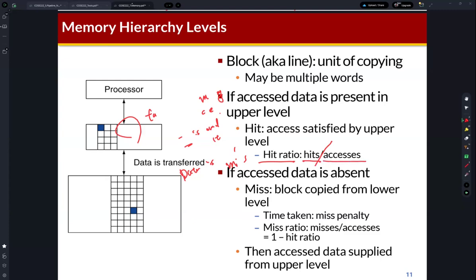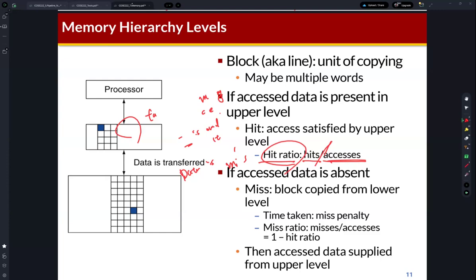Which means we access the cache, the best memory, and then the data can be found or not. From the entire accesses, only part of the accesses are hits. So the hit ratio is the number of hits divided by the number of total accesses.